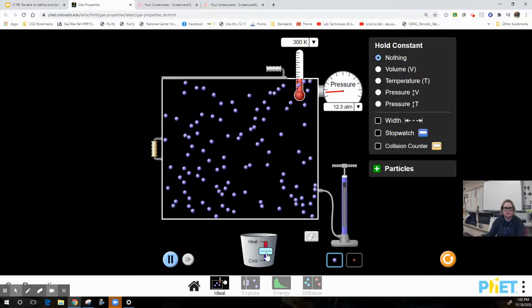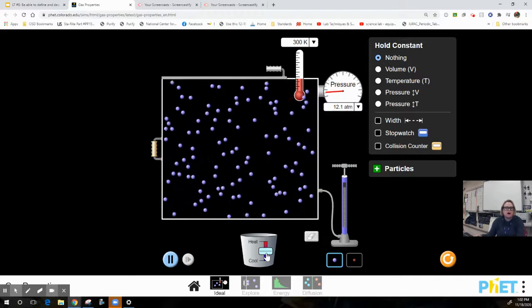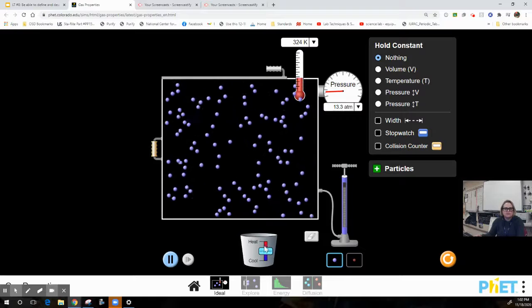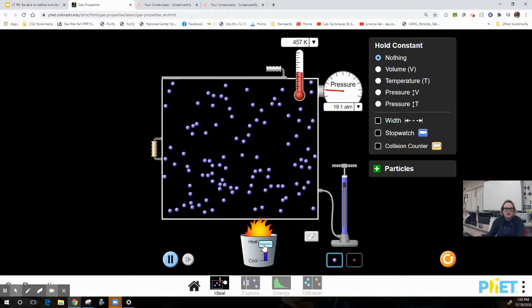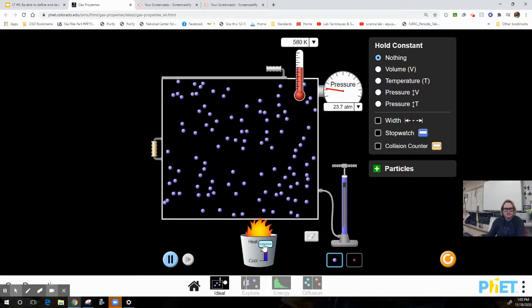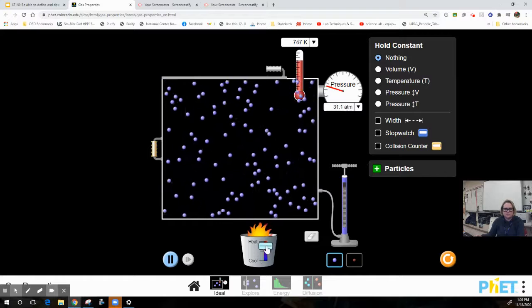And what I'm going to do is increase the temperature. So I increase the temperature, watch what's going on with each of these particles. It's going to heat it up quite a bit. And over time, you'll notice that the velocity of each one of those particles is going to increase.